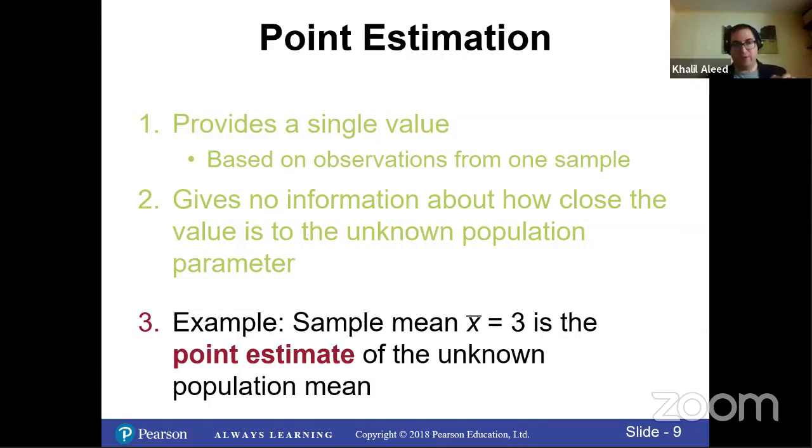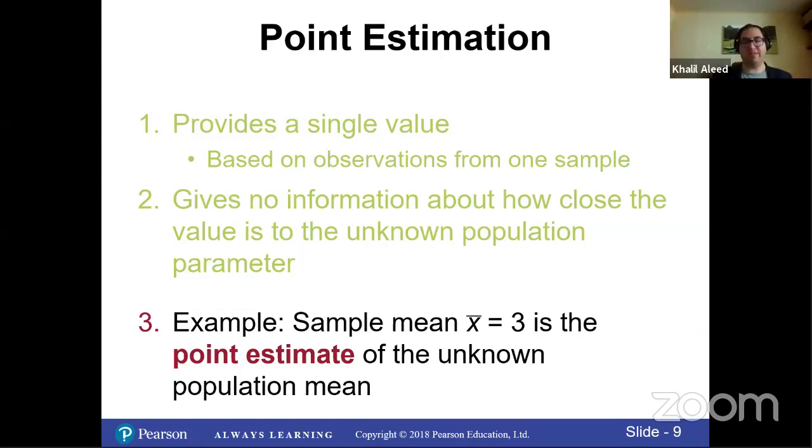So the wording, when I'm doing a point estimate, is to say that the student average grade is exactly equal to 75%. The average income of the American citizen is exactly $50,000 a year, and so on.